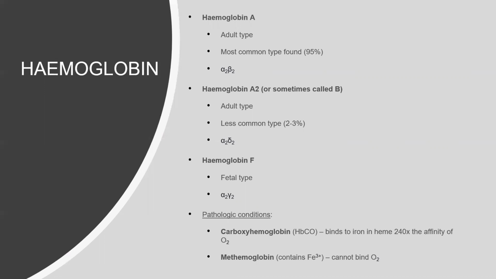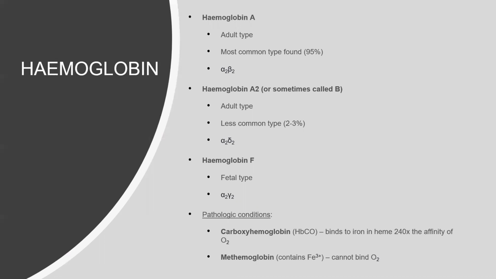The last but not least is hemoglobin F. Hemoglobin F is a fetal type, and it is made up of 2 alpha and 2 gamma chains, and it is involved in transportation of oxygen from the mother's bloodstream to organs and tissues in the fetus, right, through the placenta.